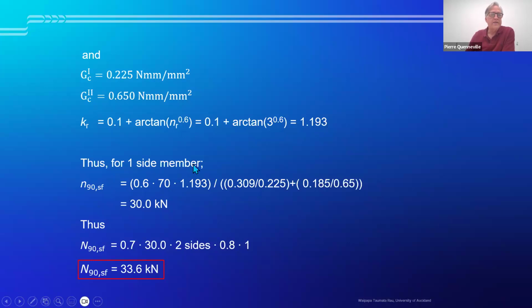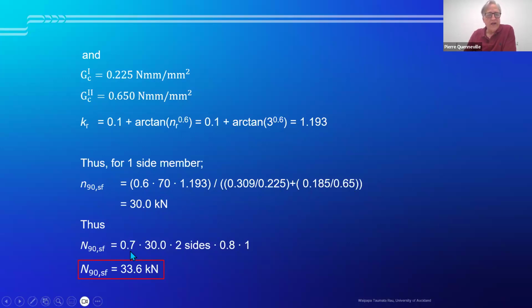So for one side member, our resistance is 0.6 times the 70 times our K sub R, divided by our two terms, and we get 30 kilonewton for the non-factored splitting resistance.